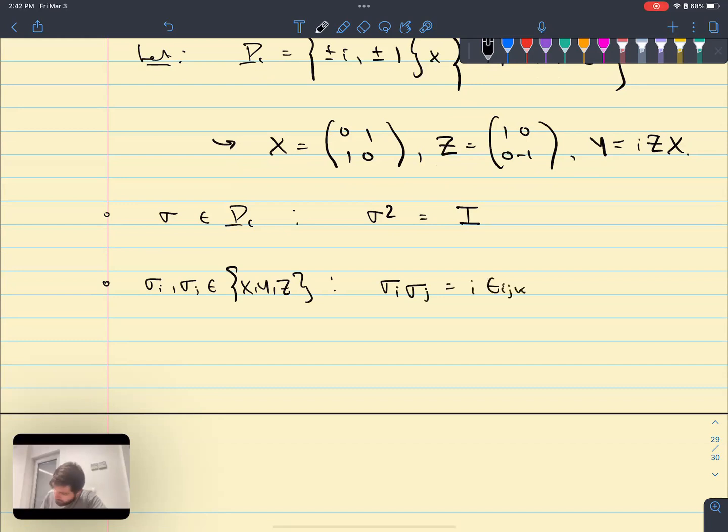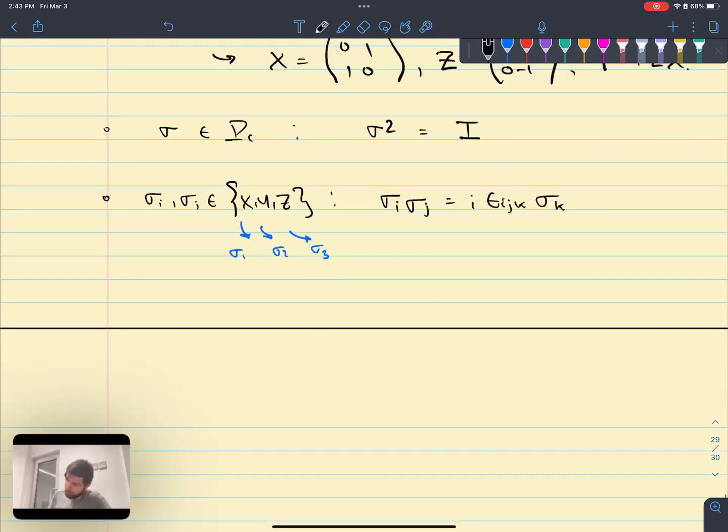This is the totally anti-symmetric symbol, basically just saying that if i, j, and k are in lexicographic order, like 1, 2, 3, 2, 3, 1, or 3, 1, 2, then you have a positive sign here, and if it's in any one of the other orders, then it will be negative. Probably I should have been cleaner from the beginning: this one is sigma 1, this one is sigma 2, this one is sigma 3. Okay, that's another property of the Pauli operators.